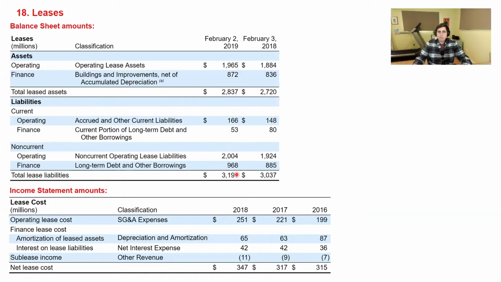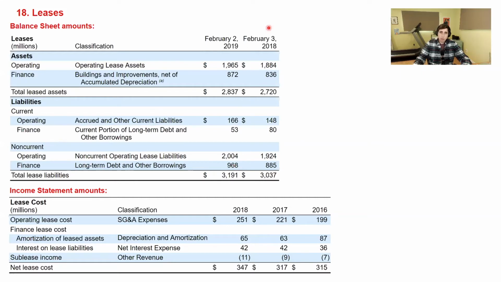So it's payments and amounts due greater than a year from this balance sheet date here, February 2nd, 2019. And so for operating leases, they have a separate caption. It's called non-current operating lease liabilities. We saw that. And that is $2 billion on the balance sheet in a liability account. For their finance leases, they keep their non-current portion right in long-term debt and other borrowings, and that's $968 million.